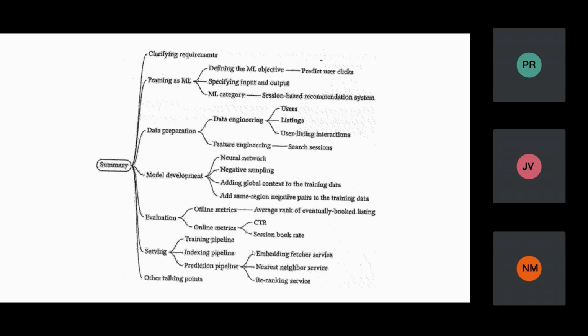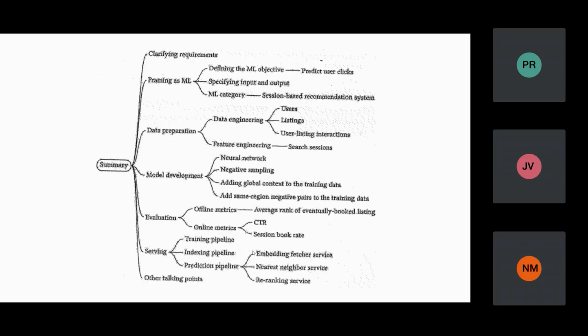Then we discussed the ML category, in which we covered the traditional recommendation system and the session-based recommendation system, and we went for a session-based recommendation system. Then data preparation. In data engineering we discussed user data, listing data, and user-listing interaction data that we use for predicting the similar listing.